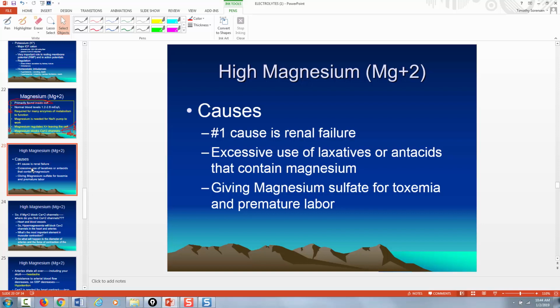And magnesium is given for a couple of things. One of the things you're going to have to know about is magnesium sulfate, or mag-sulf, right? Mag-sulfate. That's given for toxemia of pregnancy.